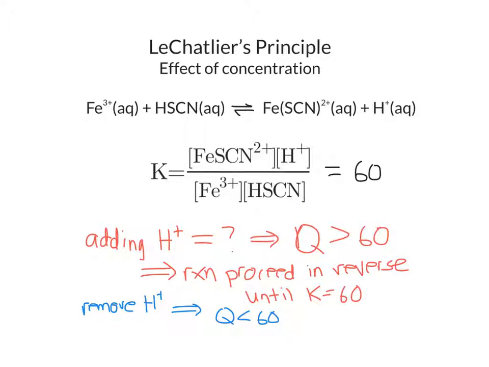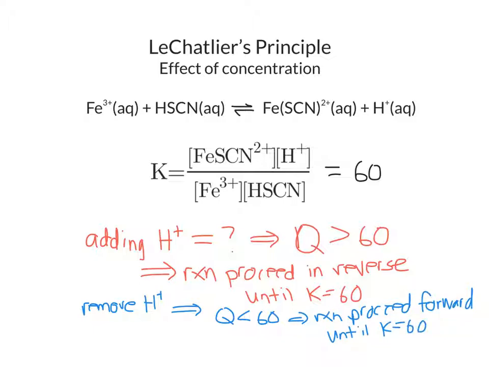And so the reaction is going to shift toward the product side, and we are going to have the reaction proceed forward until we get back to a ratio of 60.